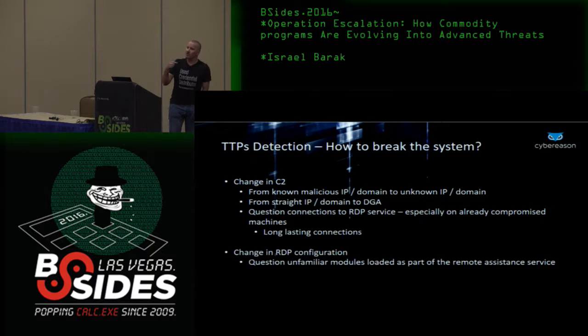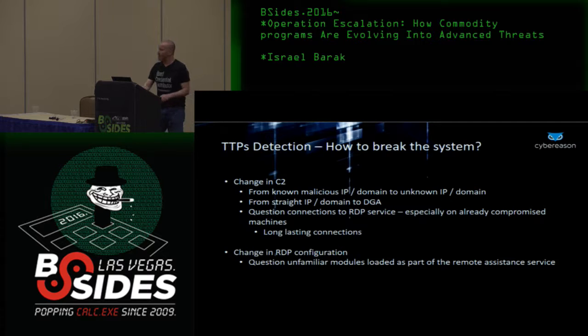Any connections to an RDP service, especially on already compromised machines. And connections to RDP processes are not necessarily on port 3389. Connections to RDP processes are connections into the RDP process, regardless of the port on which they work, and regardless of whether they're coming in or communicating with something that sent out that request.